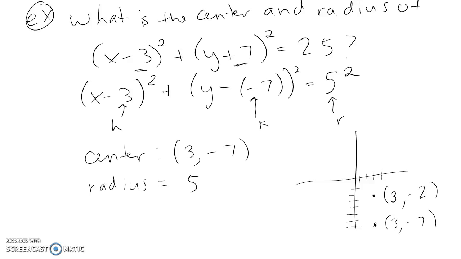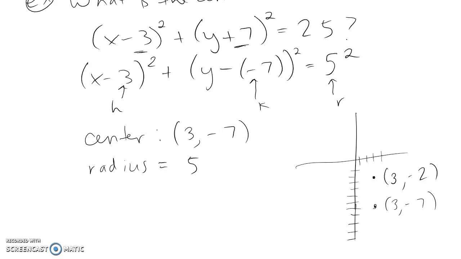If we go down 5 units, 1, 2, 3, 4, 5, we find a point at (3, -12).